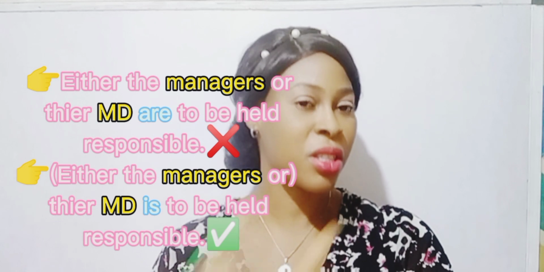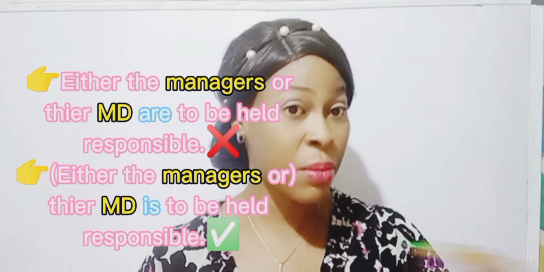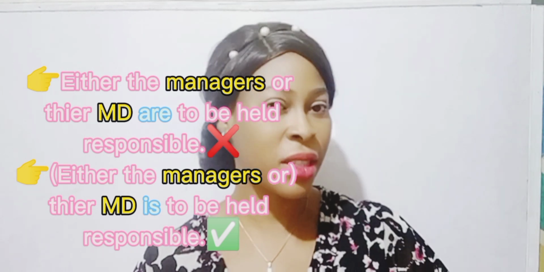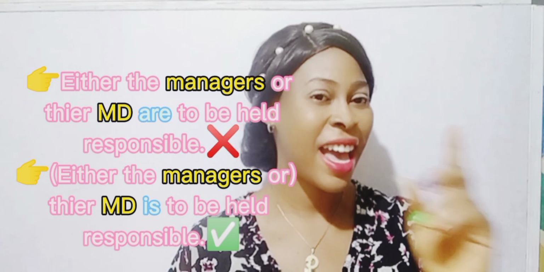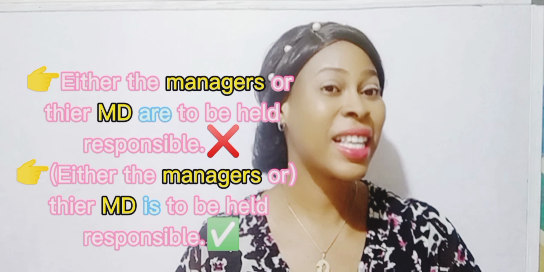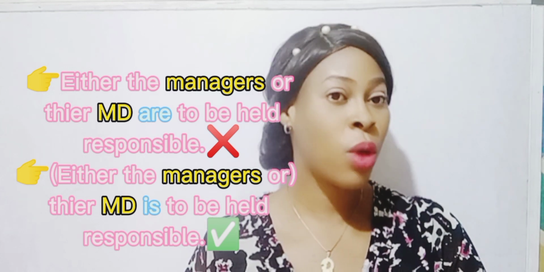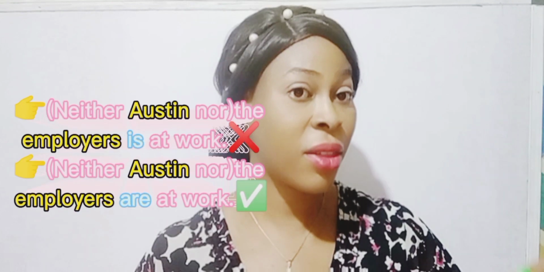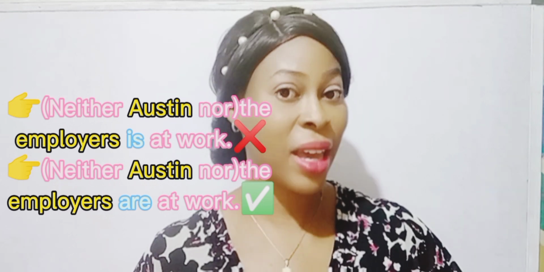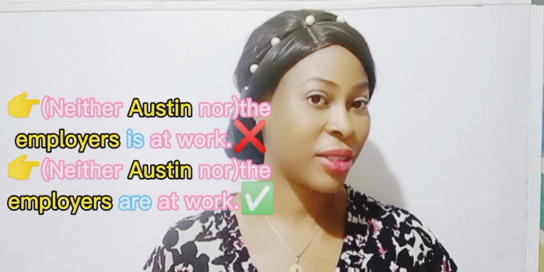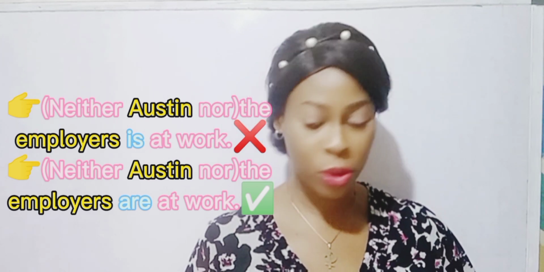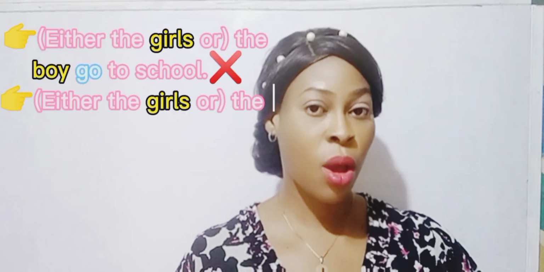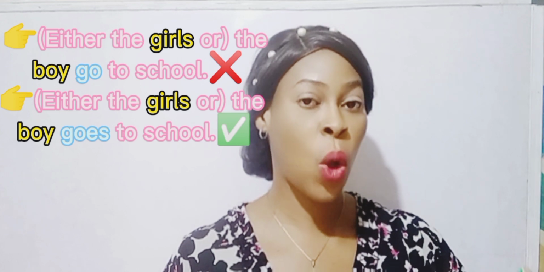Now, like the previous illustration, we have the same structure but different placements. So MD is singular and is as well singular, as against what we had earlier. "Neither Austin nor the employers are at work." Employers, plural, are plural.